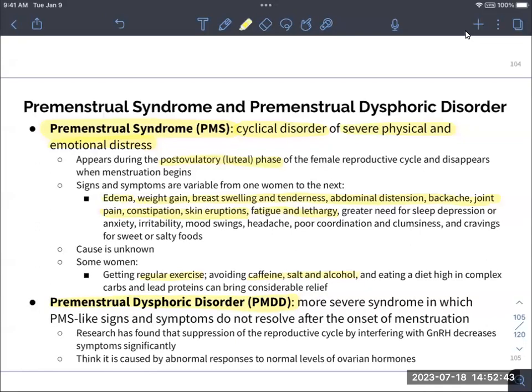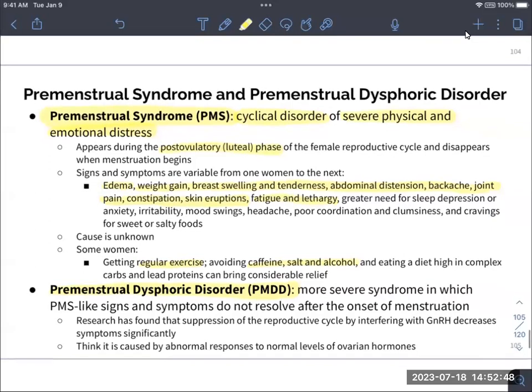But these symptoms also do not resolve once menstruation starts. Suppression of the reproductive cycle that interferes with that gonadotropin releasing hormone actually decreases the symptoms of this PMDD. Could be caused because of an abnormal response in the body to ovarian hormones.